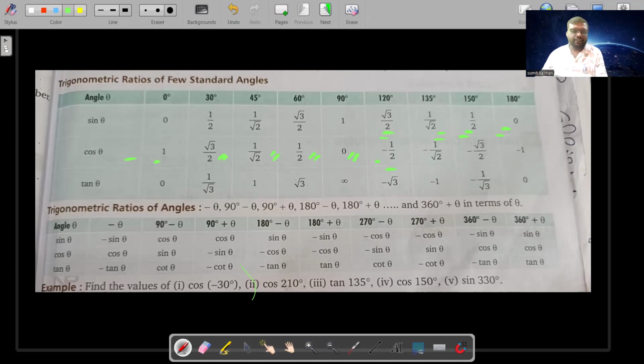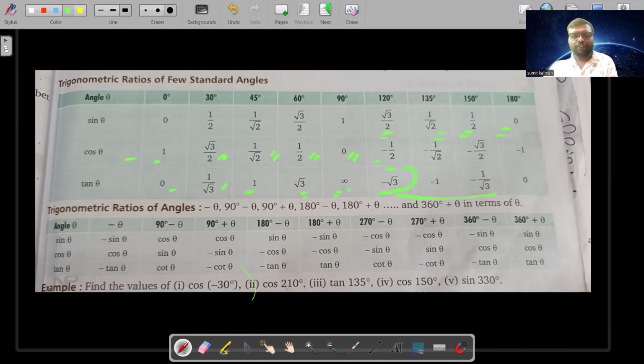Similarly for tan: 0, 30 degree 1 upon under root 3, 45 degree 1, 60 degree under root 3 by under root 3. 90 is infinity because if you divide sine 90 upon cos 90, 1 upon 0, it will be infinity. Similarly, students, these values you can calculate by dividing sine theta and cos theta.